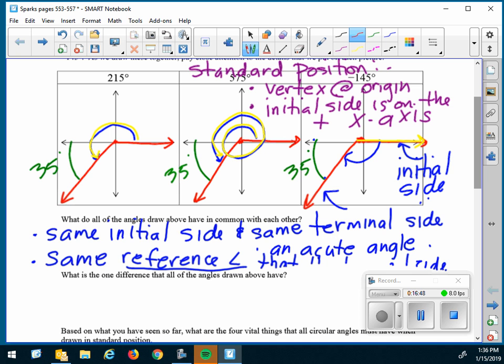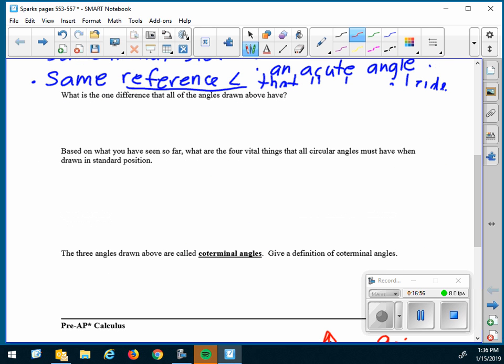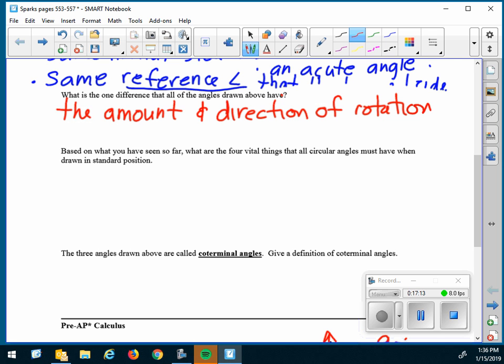The amount and direction of rotation is what's different.